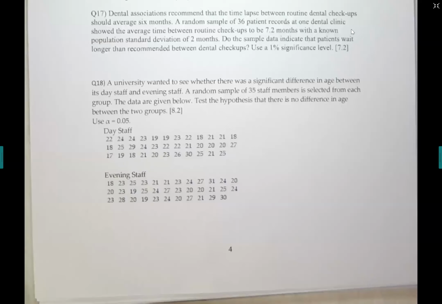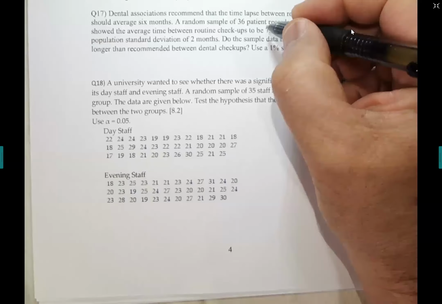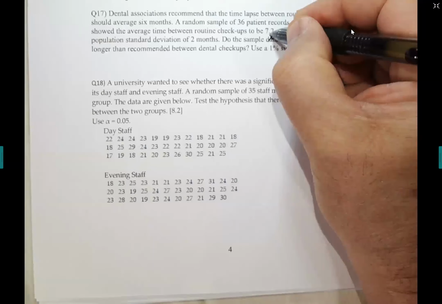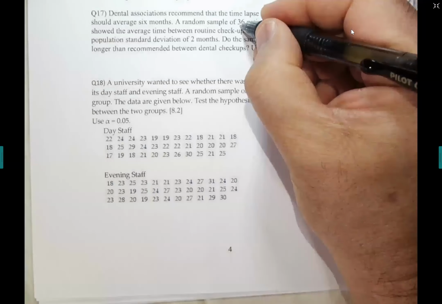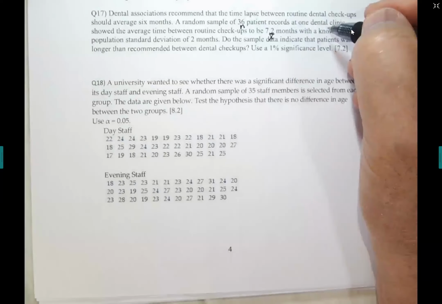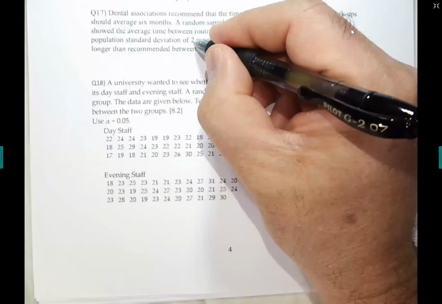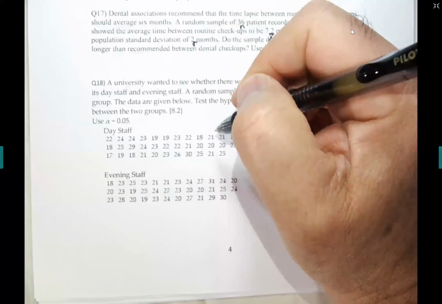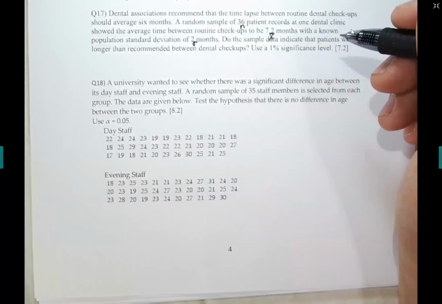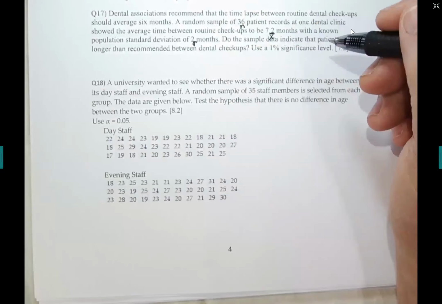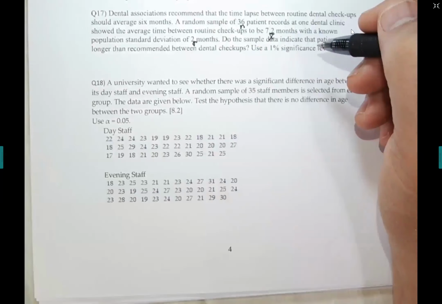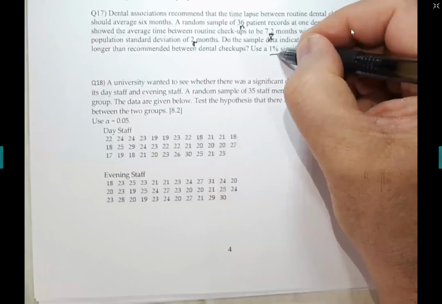So this is X bar. This is N. With a known population standard deviation of 2 months. So guys, understand this is not S, this is sigma. Do the sample data indicate that patients wait longer than recommended between dental checkups? Use a 1% significance level.